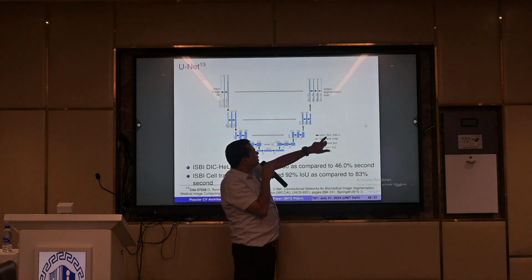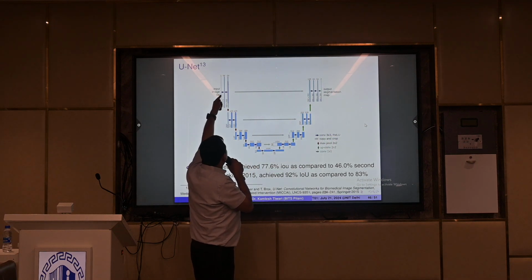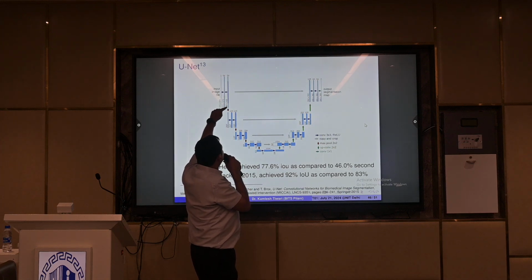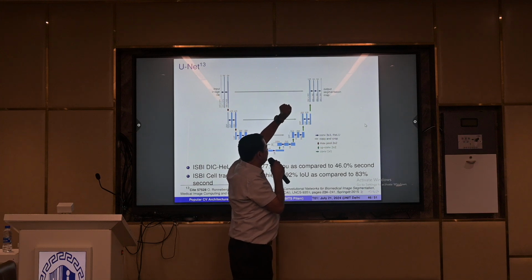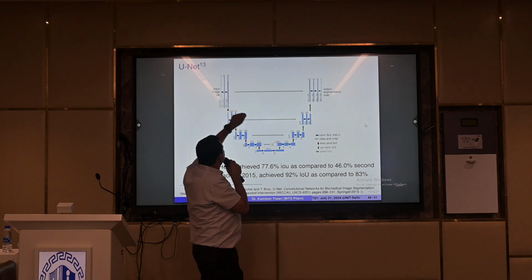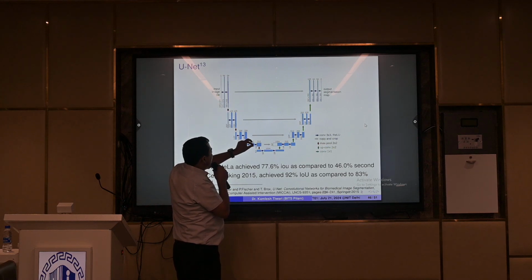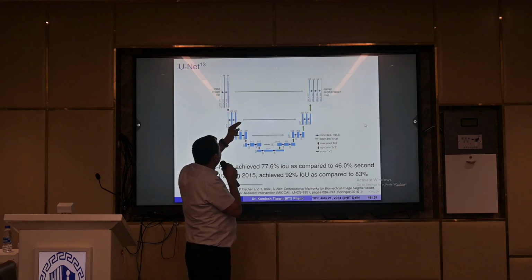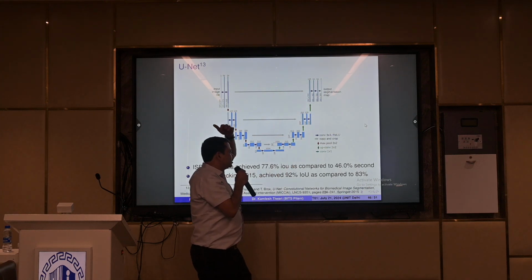You can say there is a convolution operator of 3 cross 3, then convolution of 3 cross 3. Then this operation is copy and crop. This part is cropped and sent over here. This is the max pooling of 2 cross 2, therefore the size actually reduces. Again here the size reduces, here the size reduces. Then 3 cross 3, 3 cross 3, 3 cross 3, and by this you are going to get what?